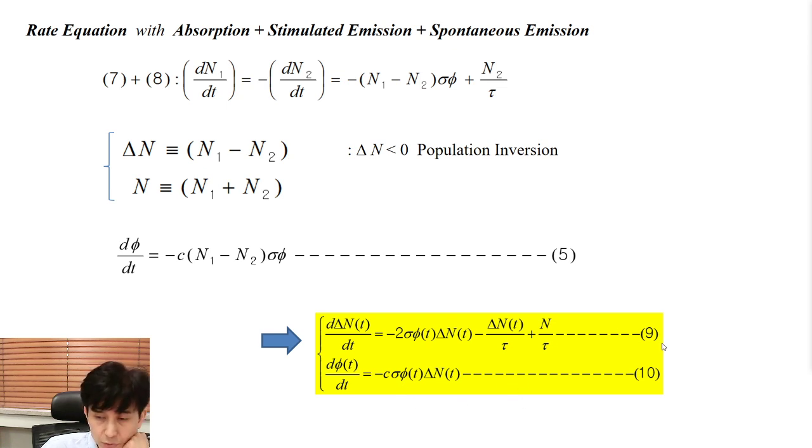These are the two equations we like to use to describe the photon flux variation with respect to time and the number of atoms in the ground state minus those in the excited state.